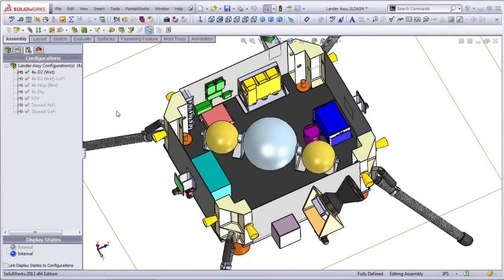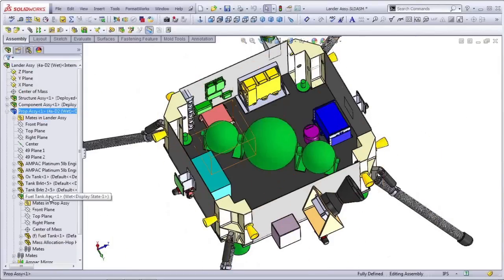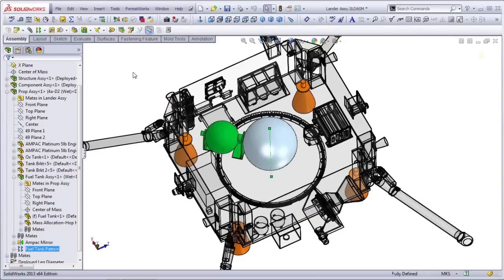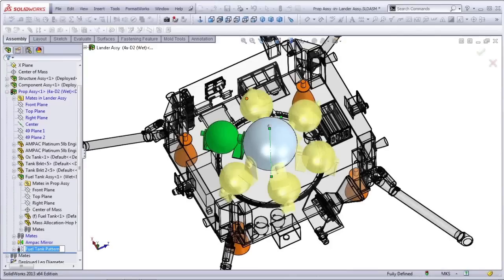And what I want to do is, I'm working on this configuration, and I say, hey, I really can't just have 2 tanks. It's just not enough fuel, so I really need 6 tanks.